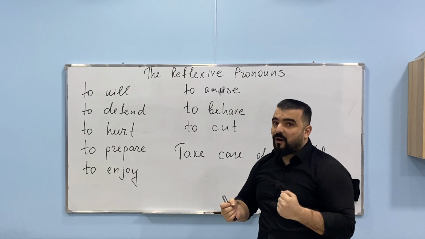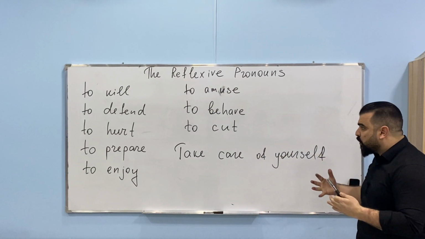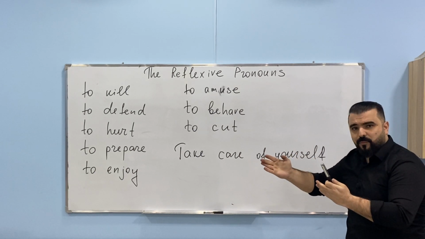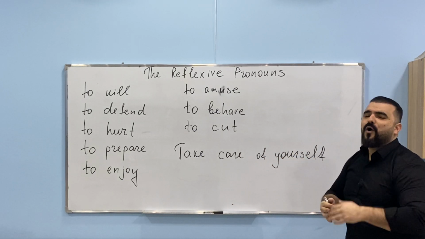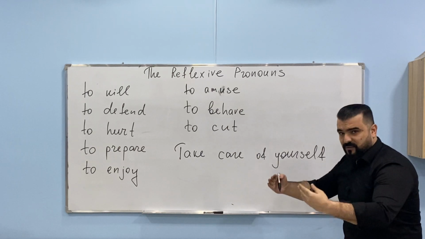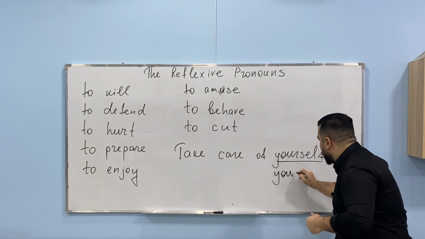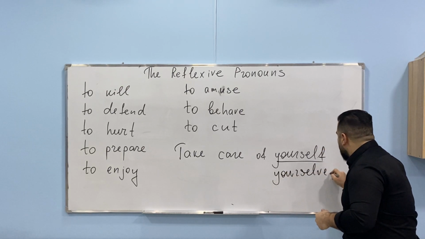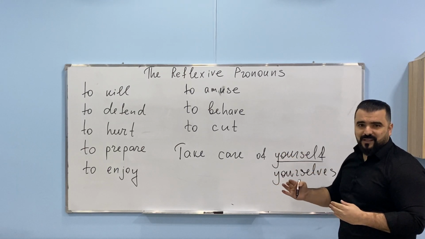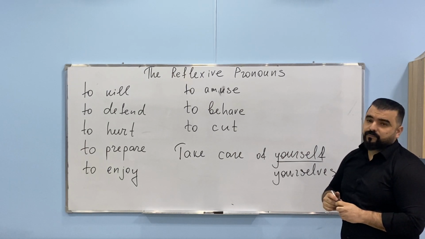So you may ask, can we use yourselves in this sentence? Because we don't know whether this sentence refers to the singular person or plural person. Of course you can. So after the imperative sentences, you can use yourself or yourselves, because we don't know whether this sentence refers to the person in singular or plural.